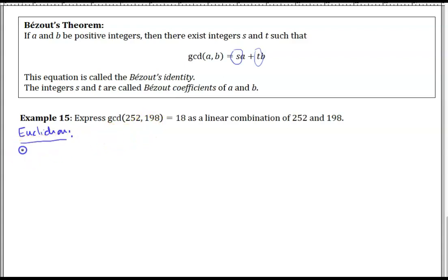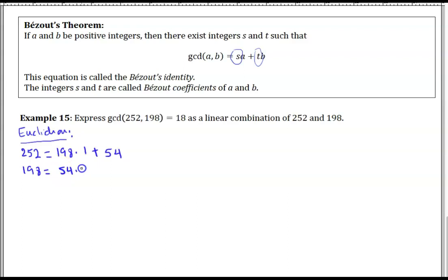Okay, so let's take 252 as our larger number. It is going to be 198 times 1 plus a remainder of 54. And then 198 divided by 54 goes in 3 times.